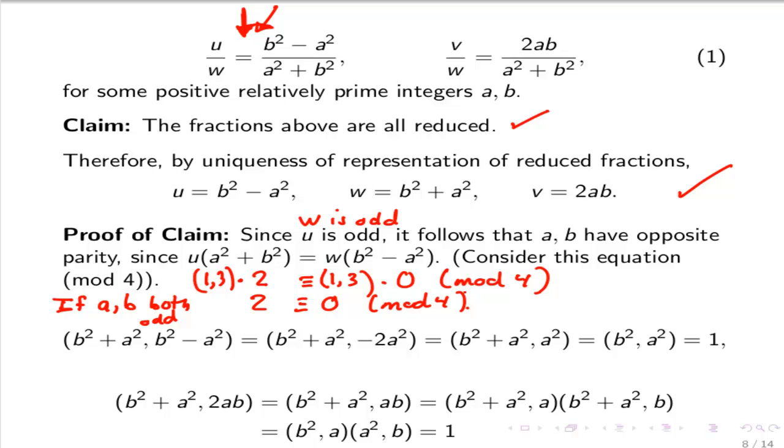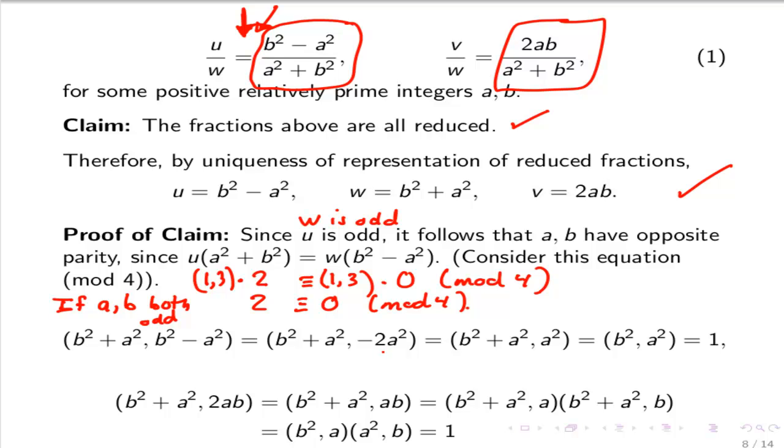Okay, now let's calculate the GCDs of these fractions up here. We claim these are reduced fractions. So if I look at the GCD of b squared plus a squared and b squared minus a squared, the first step, what did I do? I just multiplied the first entry by -1 and added it to the second entry to get -2a squared.